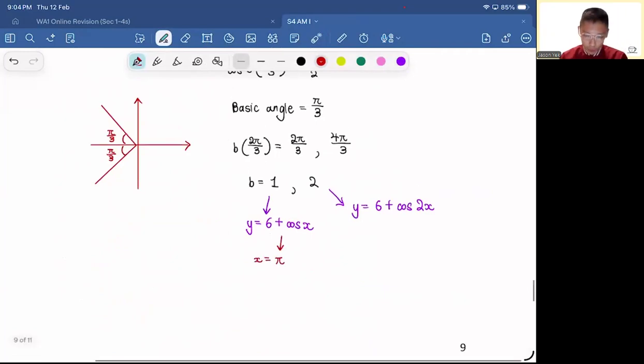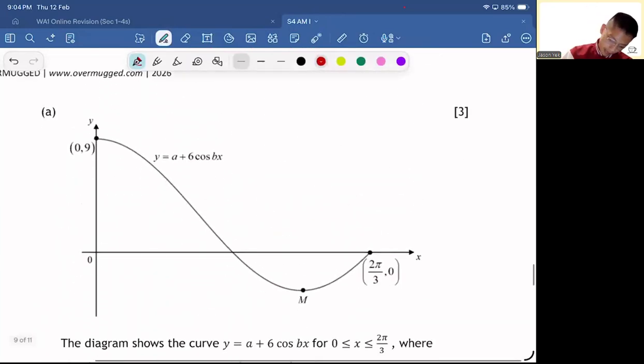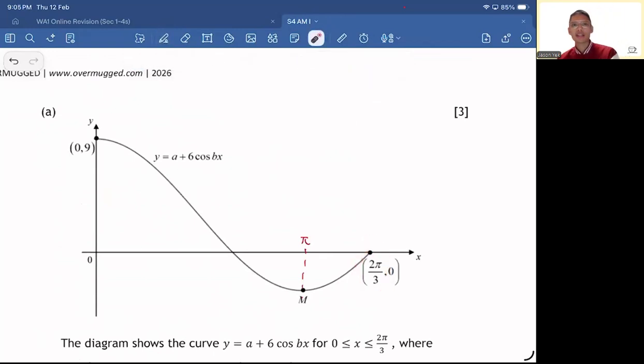If I scroll up, is it possible? No, right? Not at all, right? Because the one bigger here is at 2 pi by 3. This should be the bigger value, but why is pi, which is bigger than this, at the left? It shouldn't be the case.